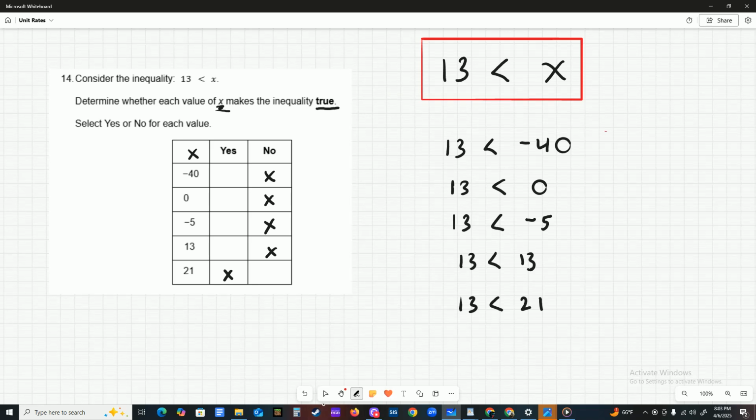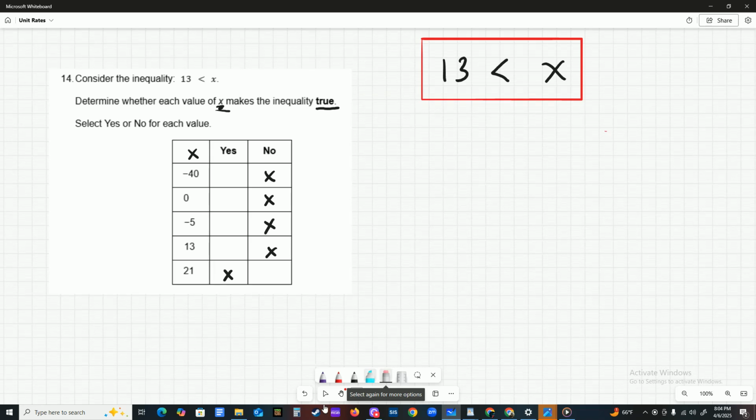I just want to reiterate something. Now that we have completed our table, let's change the conditions here. Let's say it was 13 is less than or equal to x. In the case for 13, is 13 less than or equal to 13?